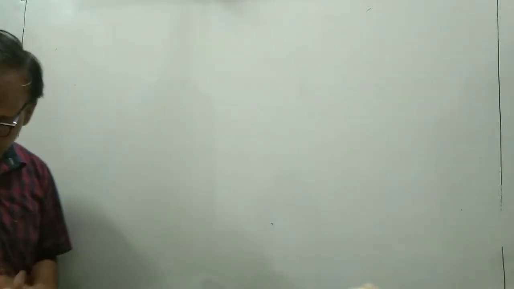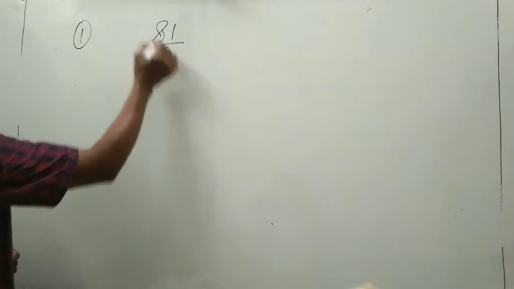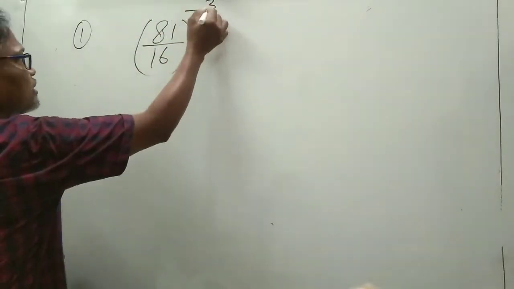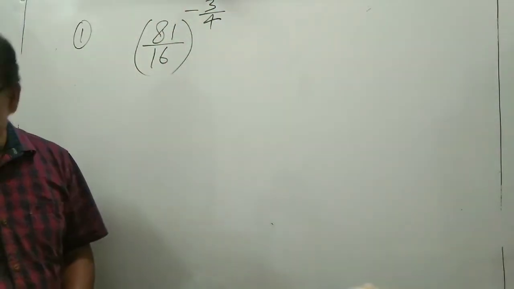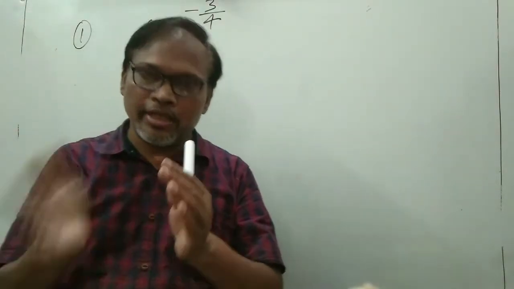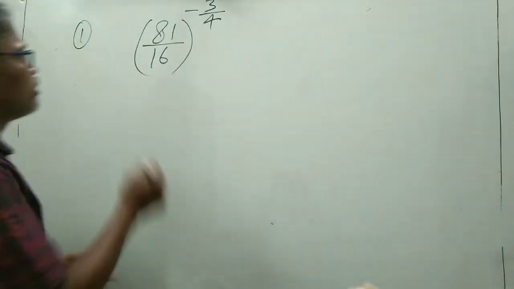जैसे for example, question number 1: 81 upon 16 whole power minus 3 by 4. It is given. Basically, first you will change the negative power into positive power, always. So how will you do it?